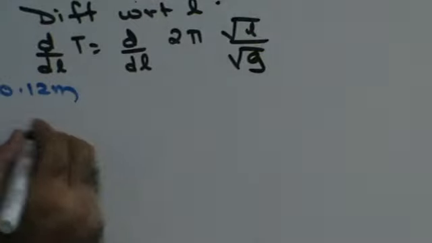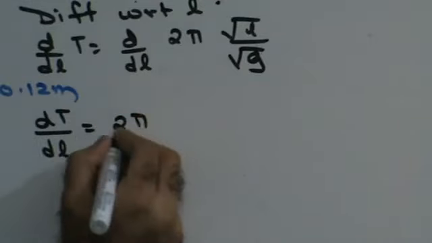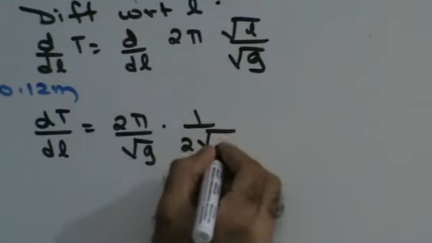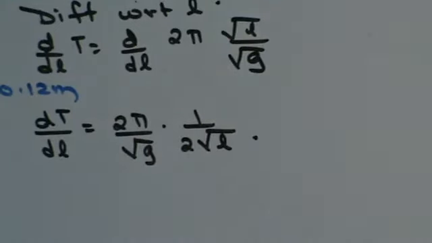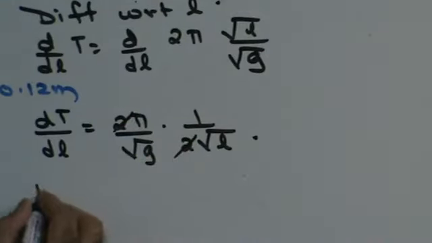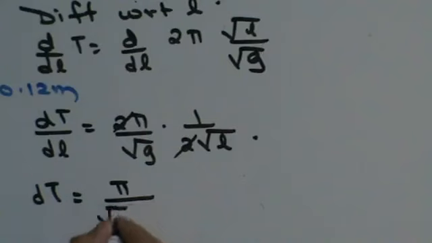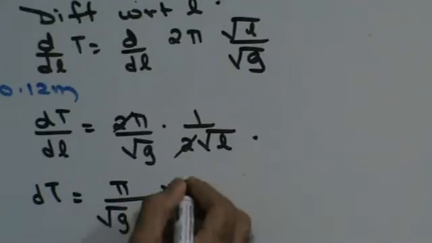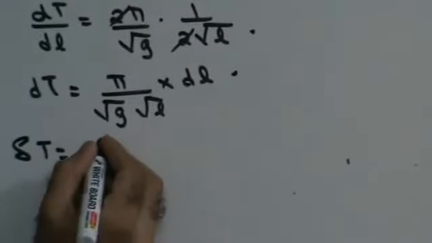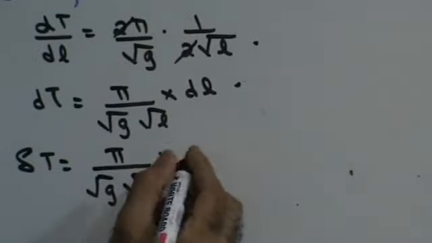Constants come outside the derivative, so d by dL of T is going to be 2 pi by root g, which is constant, into d by dL of root L, which is 1 upon 2 root L. D by dx of root x is 1 upon 2 root x. So here 2 and 2 get cancelled. So you will get dT is nothing but pi upon root g into root L into dL. d can be written as delta. So delta T is pi by root g into root L into delta L.